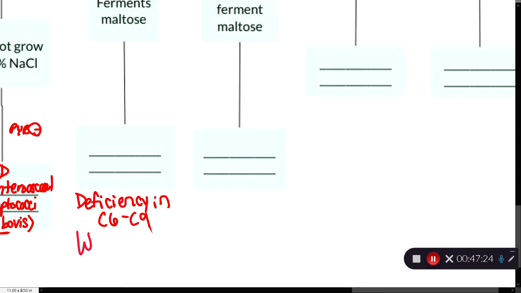And if you ever see the trigger word Waterhouse-Friderichsen syndrome, it's a possible complication from this as well.